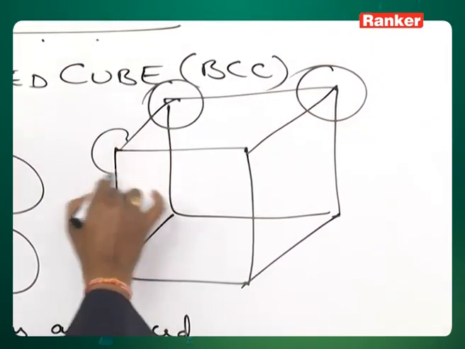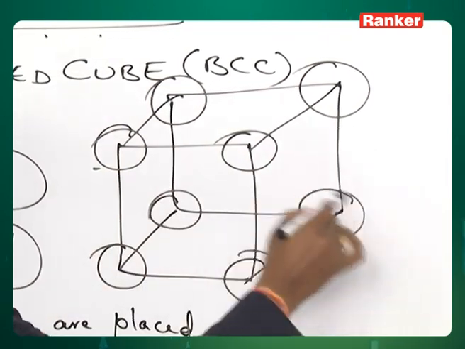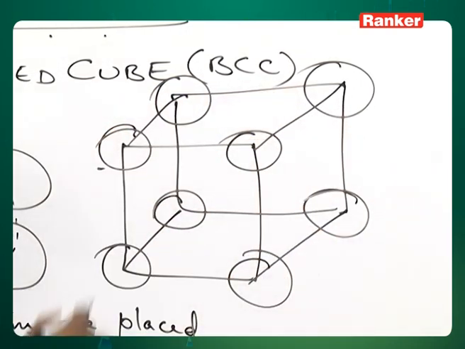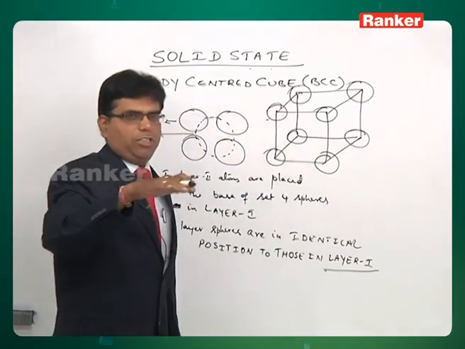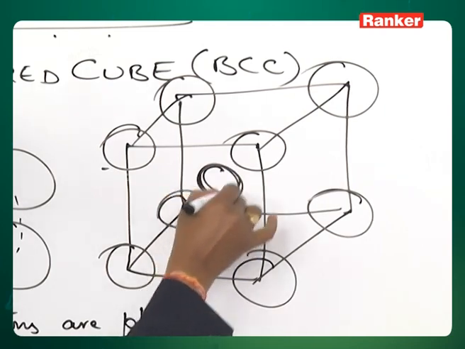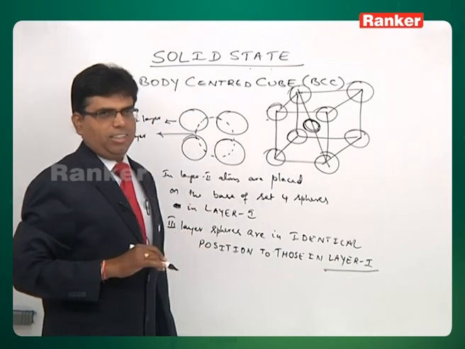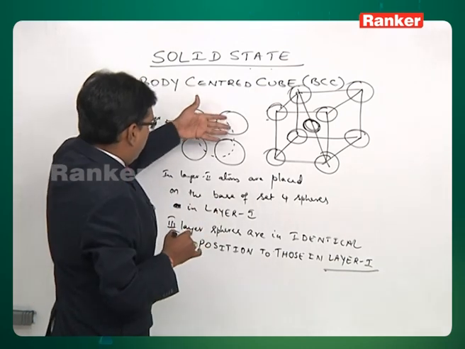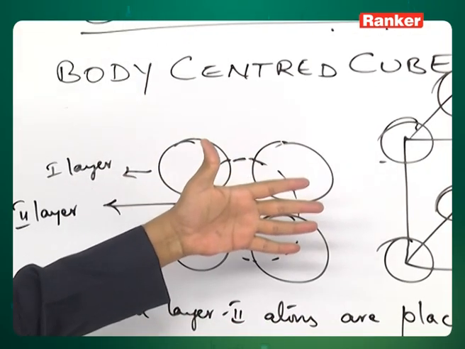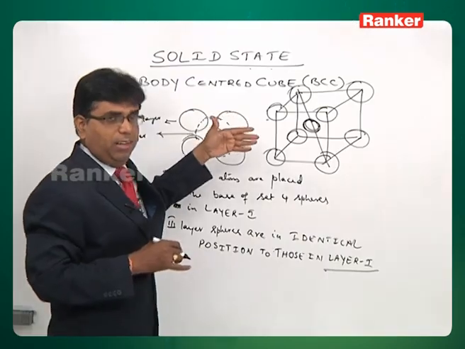These 2 are not in contact, these 2 are not in contact. So, this will form 1 layer, vertically or horizontally, whatever way we take. Then at the center of the body, this one will be there, and these 3 will be in contact diagonally. Now, if you keep another 4, when these 2 are not in contact, but if you keep another 4 over here, then 1, 2 and the third one that is coming on this will be in contact.